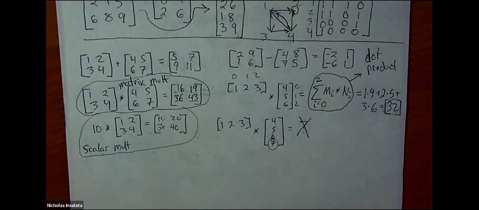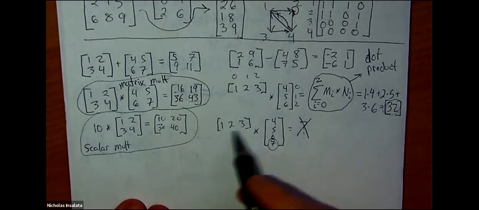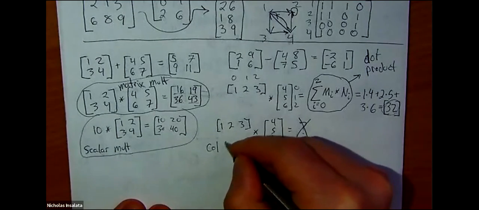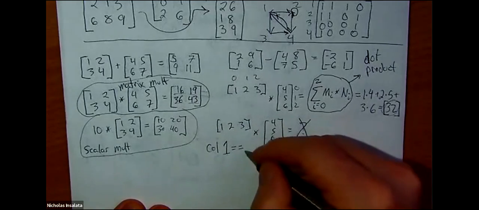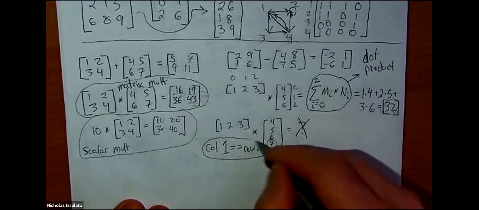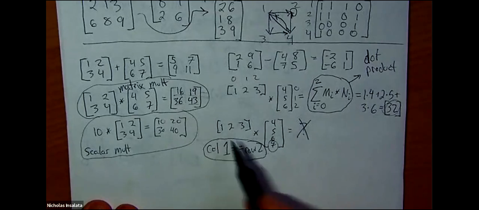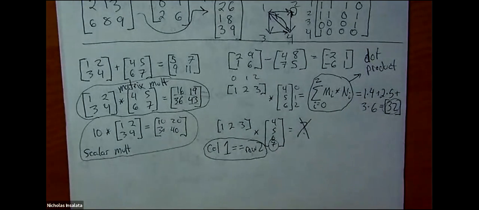In other words, the number of columns in the first matrix has to be equal to the number of rows in the second matrix in order for multiplication to work at all. Okay, so we have 3 columns here. We would have to have 3 rows here in order for everyone to have a buddy, right? Every number has to have a buddy or else it doesn't work.